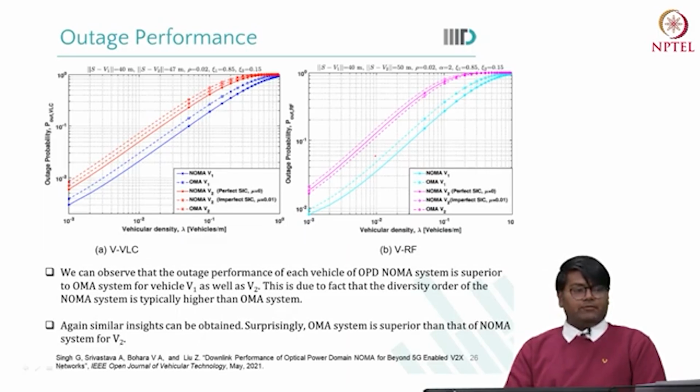So, we calculate the signal to interference ratio at the vehicular node V1 and vehicular node V2 and calculate the outage probability associated with V1 and V2 using a similar approach as what we did in case of hybrid RF VLC. Now, I leave this as a simulation exercise to our learners to plot the outage probability as a function of vehicular density using MATLAB.